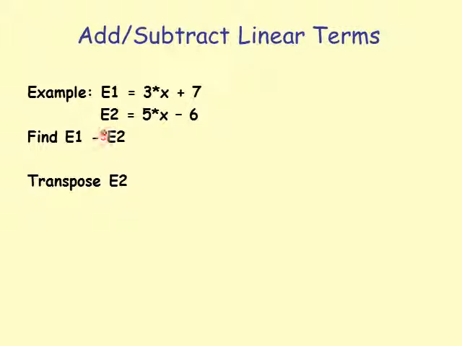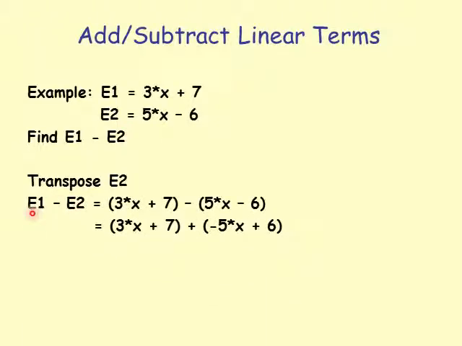Okay, we know how to do E1 plus E2, so we would transpose E2 into minus E2. Let's continue. So E1 minus E2 is 3 times x plus 7, minus that one, 5 times x minus 6.